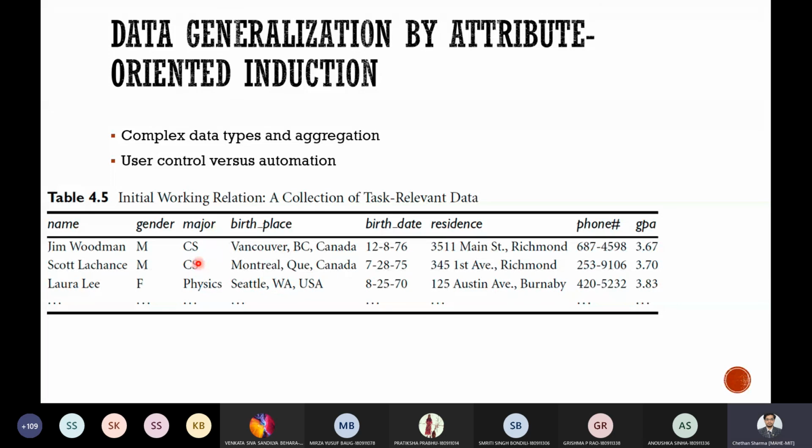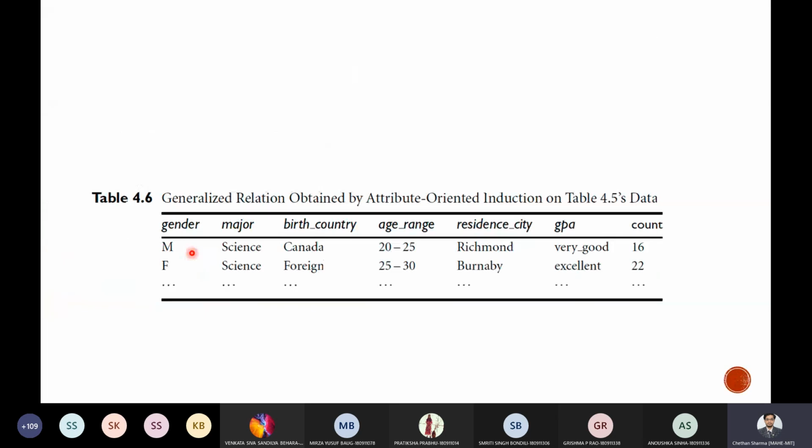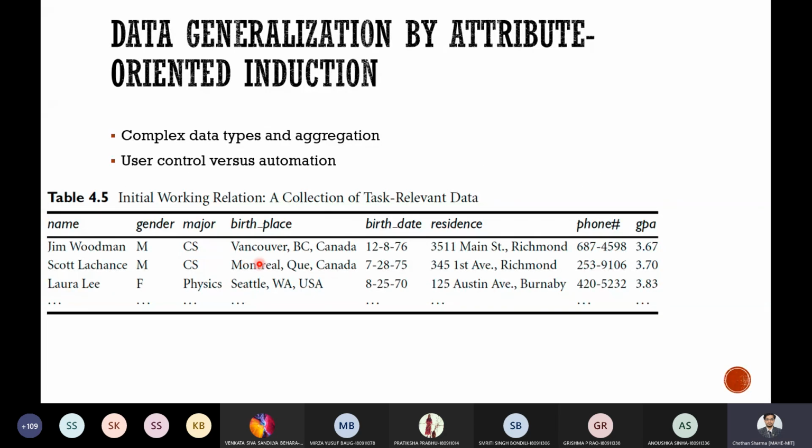A higher-level hierarchy is better than lower-level hierarchies. So for major, instead of CS, you can replace it by science, which is a higher-level hierarchy. Same, instead of birth city, birth country will have fewer unique values.